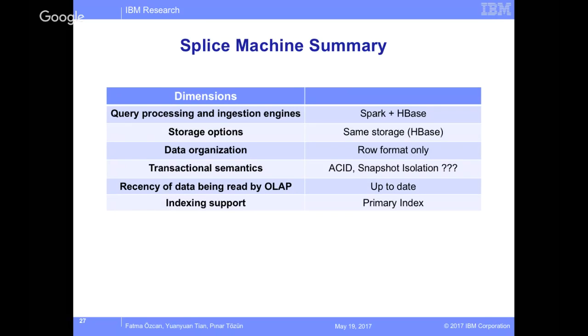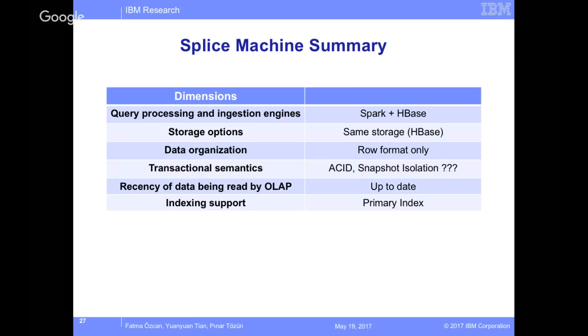So this is the summary. Query execution uses Spark, ingestion uses HBase, and the storage is the same storage, which is HBase, in row format only. In terms of transaction semantics, there's not a lot of technical documentation on this.